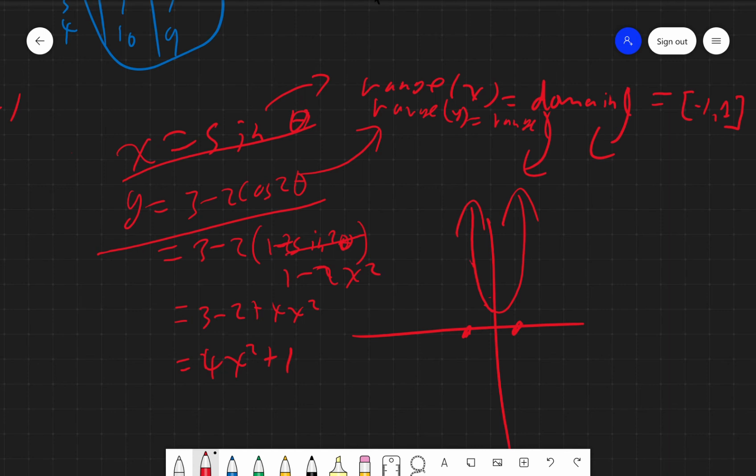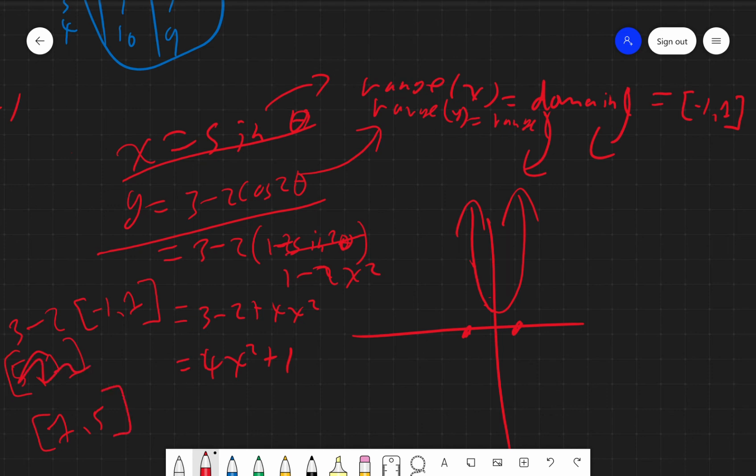And since cosine of 2 theta ranges from -1 to 1, then 3 minus 2 times anything between -1 and 1 means that we'd have it ranging from 5 to 1, but that's backwards, sorry. 1 to 5, right?